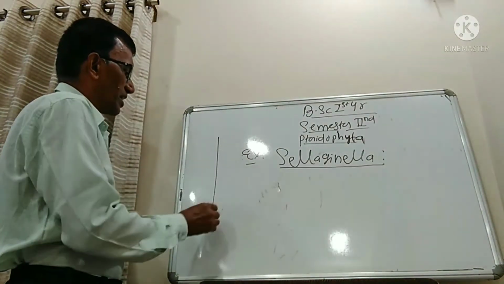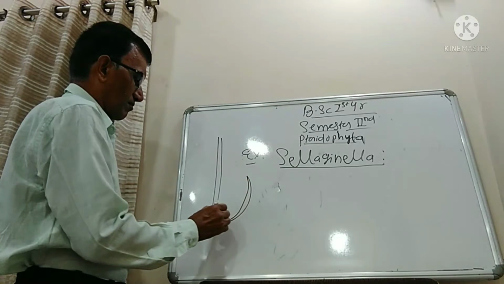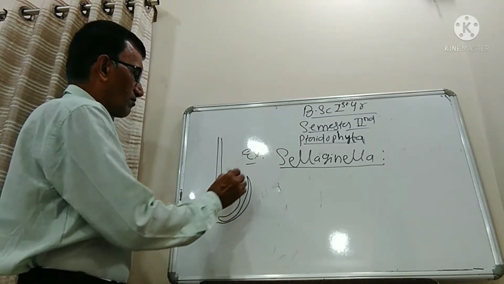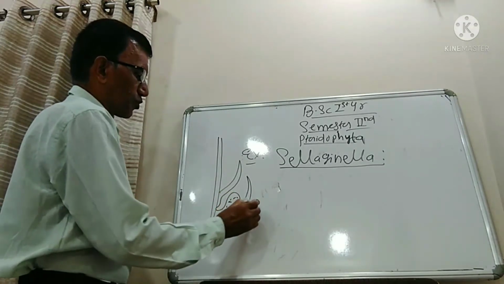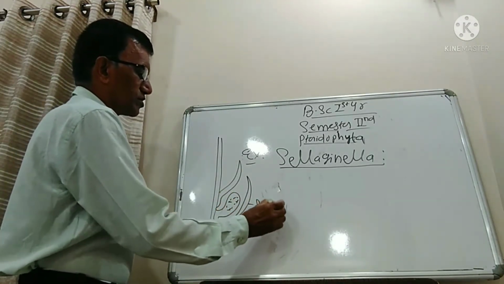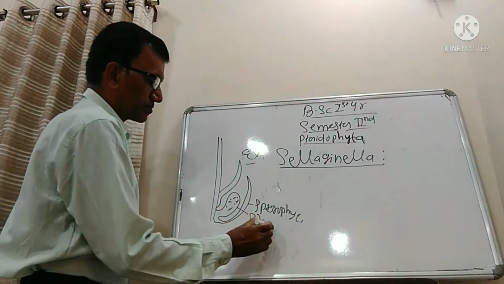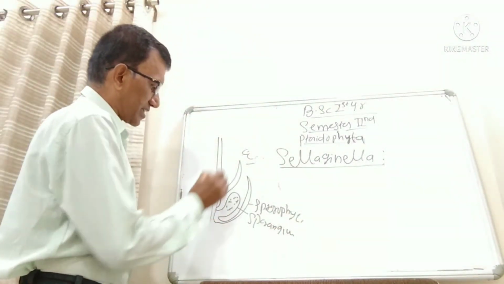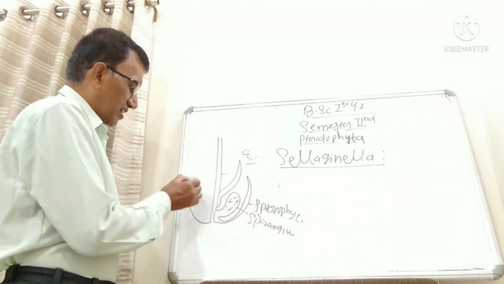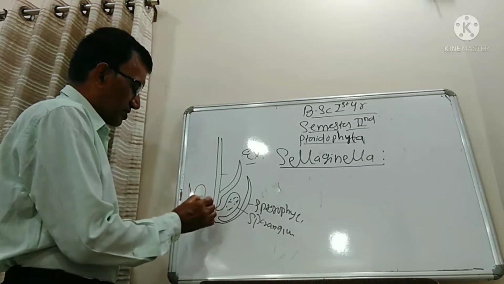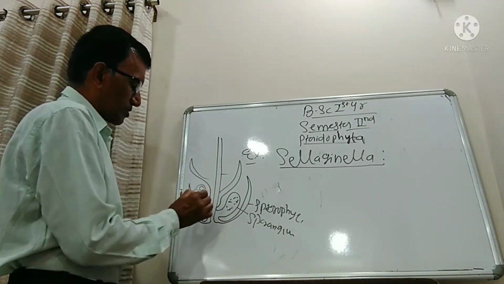This is the main axis, a central axis. This is the sporophyll. This is the sporangium. On both sides of the main axis there is a presence of sporangia.